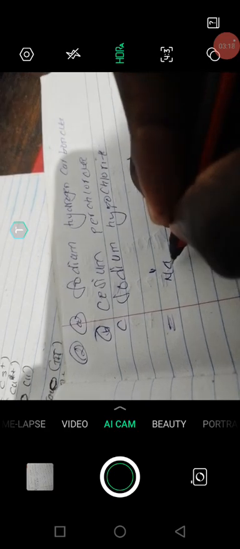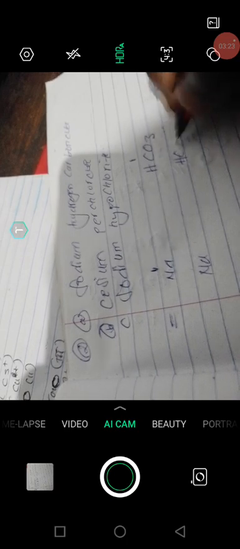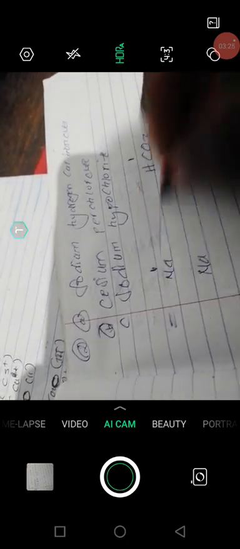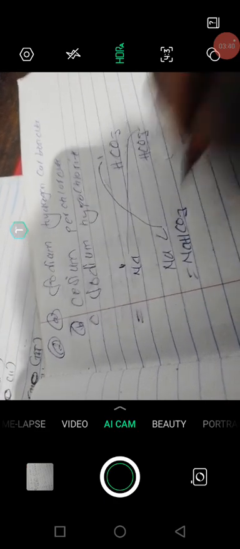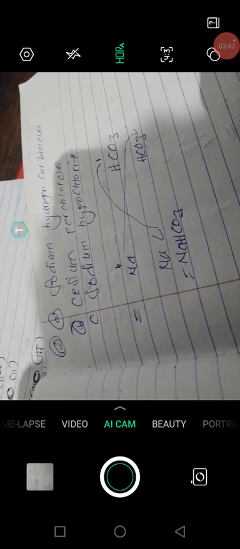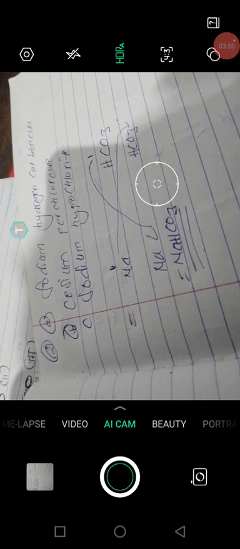It is 1. The valence of sodium? 1, because it's in group 1. So this is sodium, this is hydrogen carbonate. What's going to happen? They're going to exchange their valences. So I'm going to have sodium there, hydrogen carbonate. So this is the formula of sodium hydrogen carbonate or sodium bicarbonate.